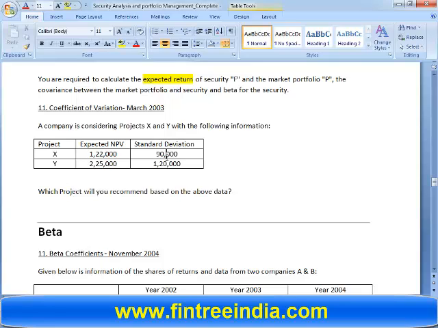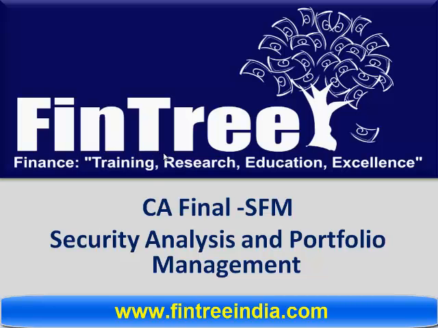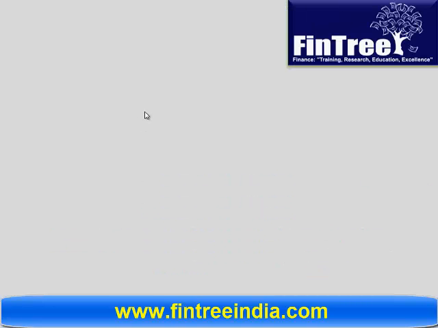Okay. So then again, you can make a similar format. You can make a table where you would first say standard deviation, then mean, then coefficient of variation. This is project X, this is project Y. Here you can say expected NPV, which is the mean.